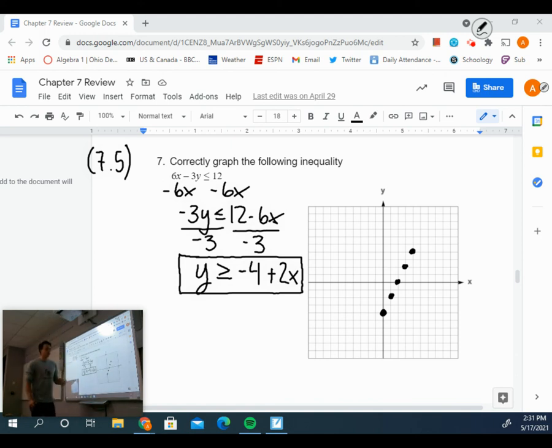The whole idea with creating a graph is to illustrate all the potential solutions. I don't know if the points on this line will make the inequality true. What I'm doing right now is graphing the line y equals -4 plus 2x because it'll be the boundary for my region of all the solutions.